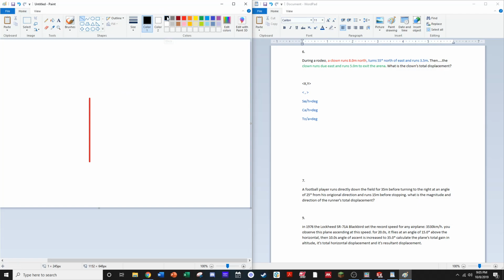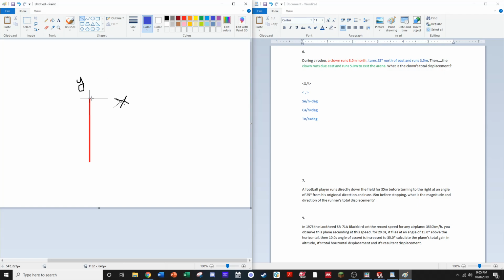So I'm going to make a little coordinate section right here, because right here is where he changes direction. Right there, this is X, and this is Y.